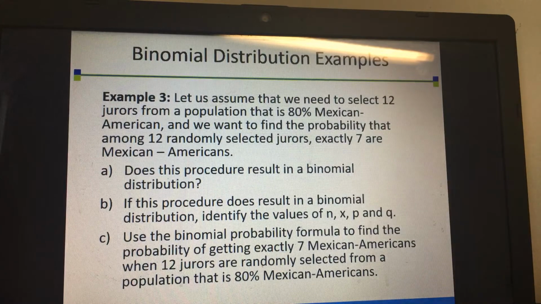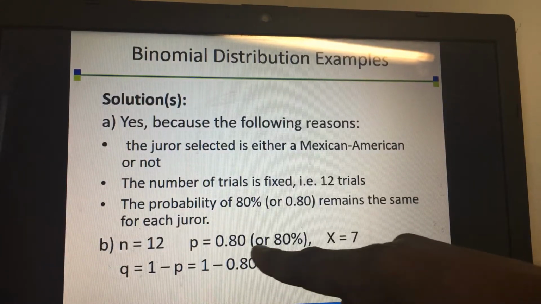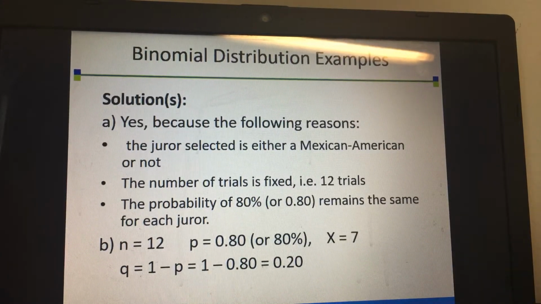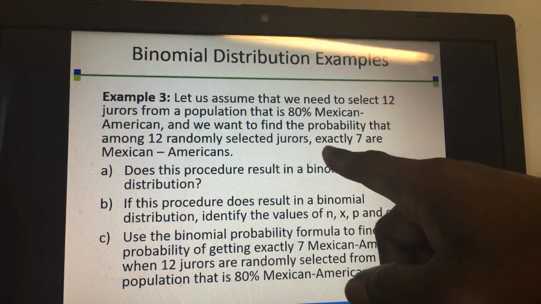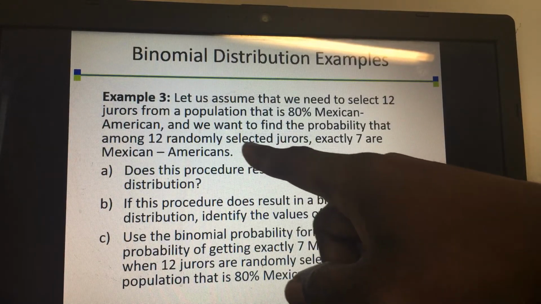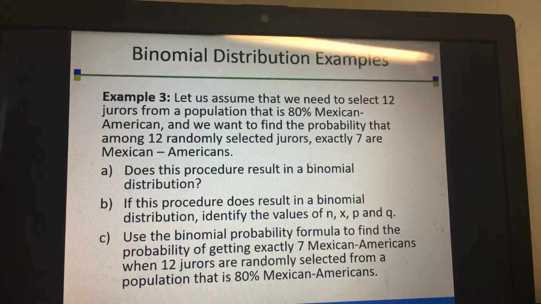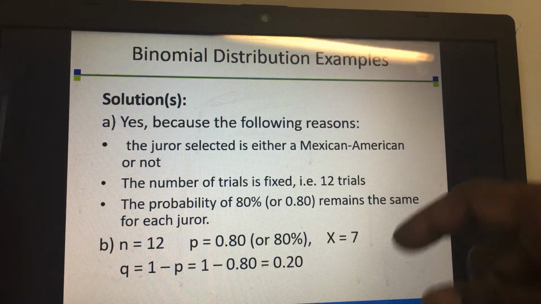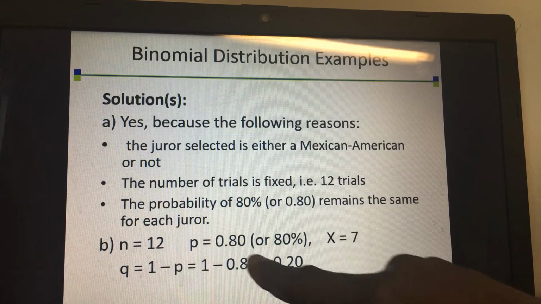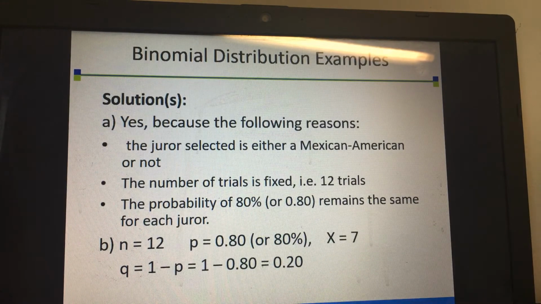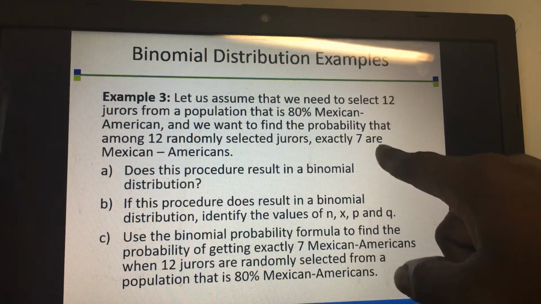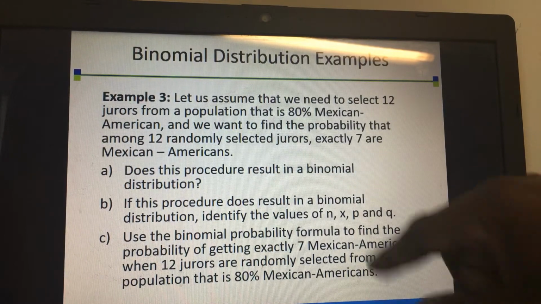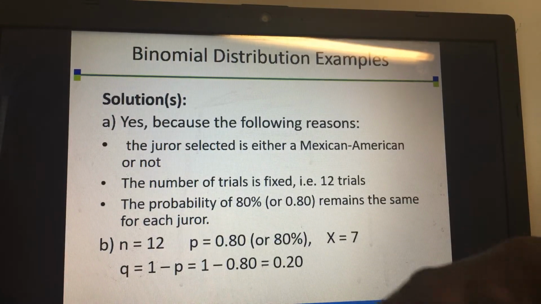That means p is 80%, which means 0.8. q is always 1 minus p. 1 minus p is 0.2. So we have identified n, p, and x. x says exactly 7. So our x is 7.